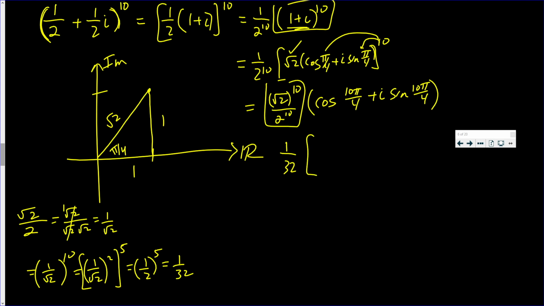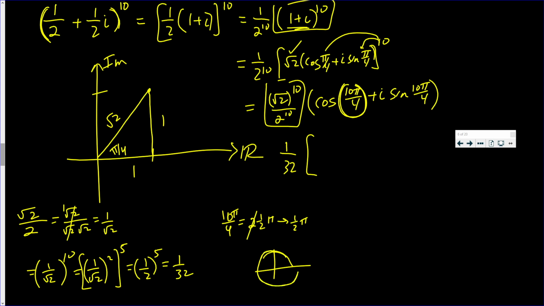Now, this angle is more than 2 pi. 10/4 is 2.5, so 2.5 pi. But in terms of sines and cosines, you can just use the 1/2 pi. The 2 pi doesn't do anything. In other words, this is 2.5 pi.